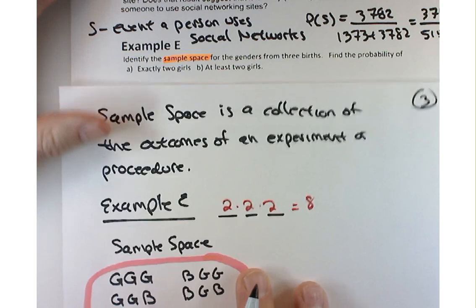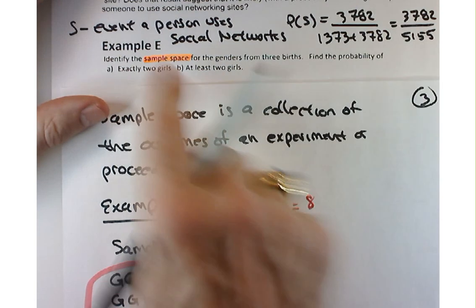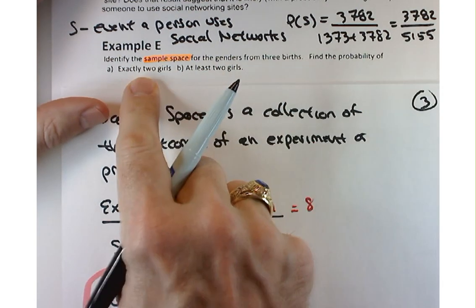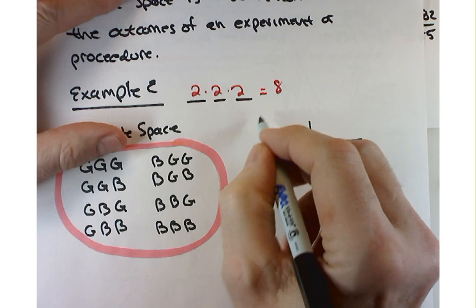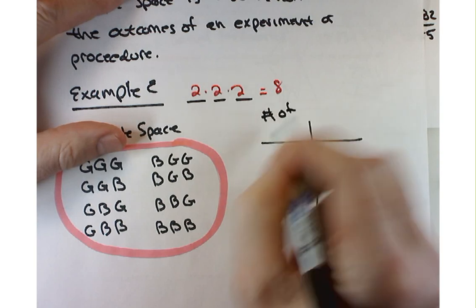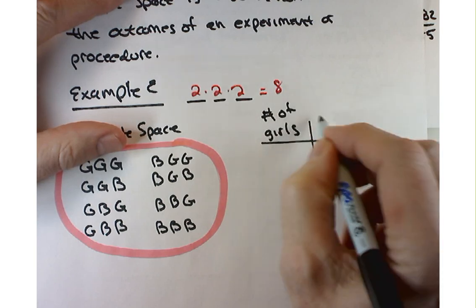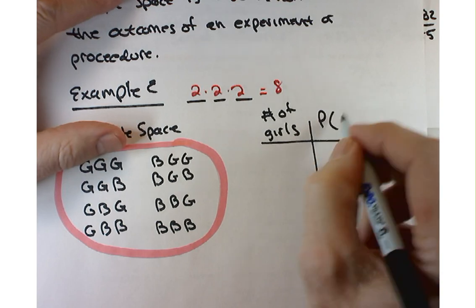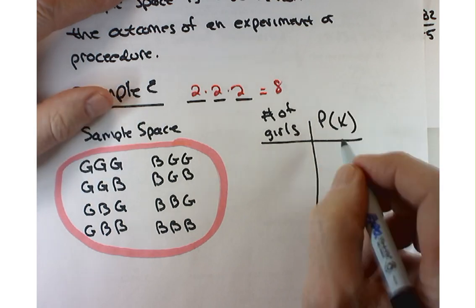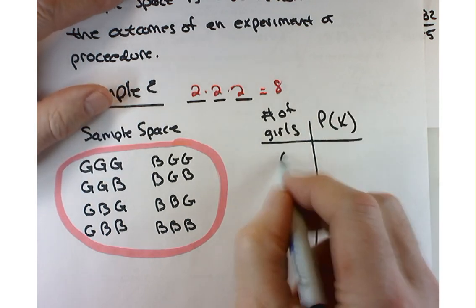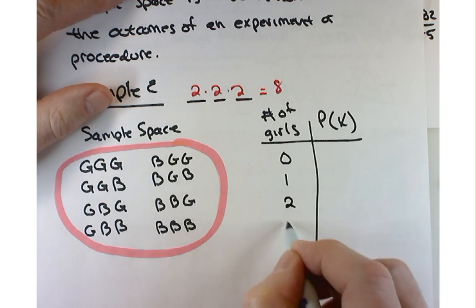The next part of this says, find the probability of exactly 2 girls. Well, we're going to do a little bit better than that. So number of girls and the probability of that number. Probability of X. So there could be 0 girls, 1, 2, or 3.